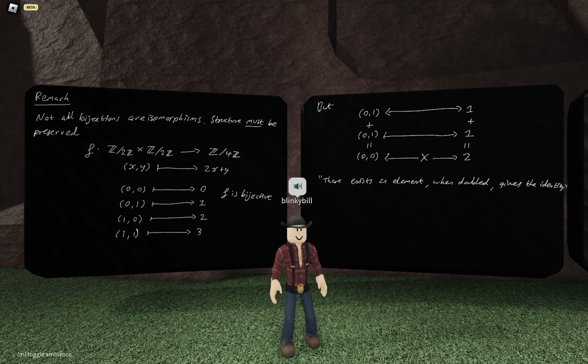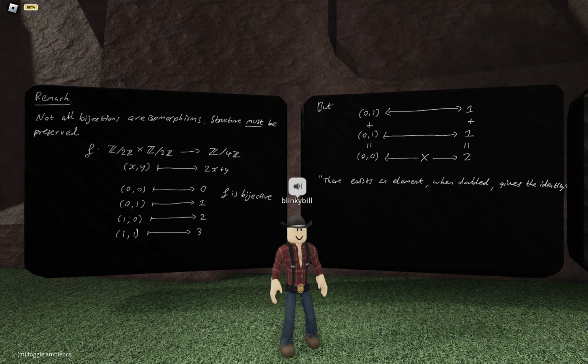And this statement, when you interpret it about the first group, is true because you can take (0, 1), add it to (0, 1). That's what I mean by double it. And you get the identity. You get (0, 0), which is the identity in that group. But that's not true on the right side because this is one example where it doesn't happen. But you can take any of... I'm actually doubting this.